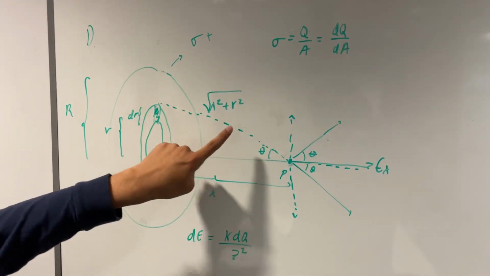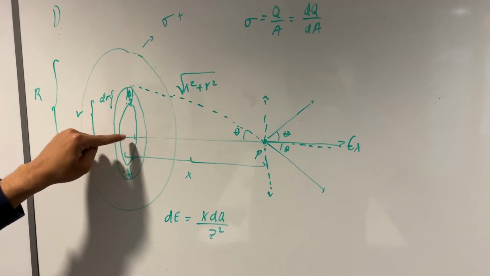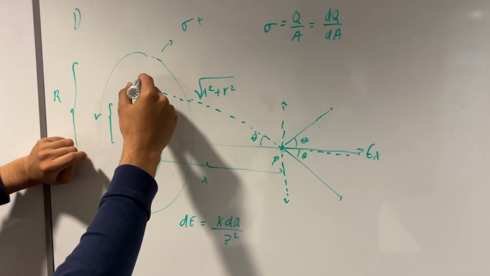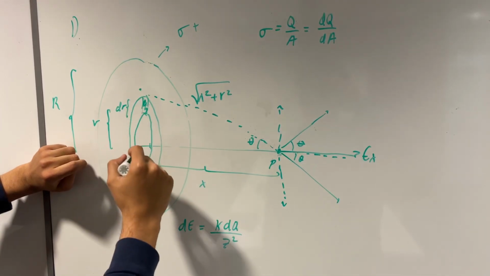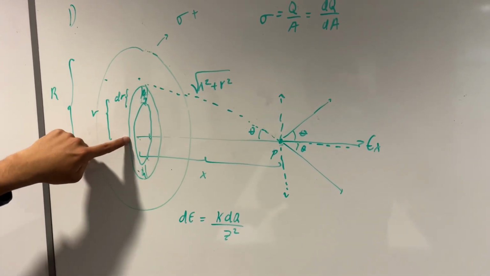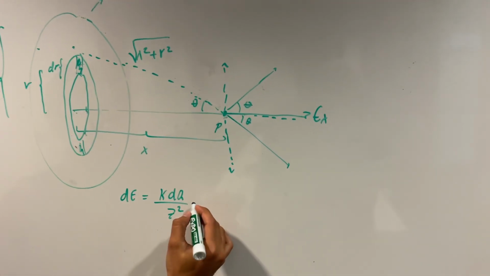The variable that is changing is r, because as we increment, we're getting more and more circles. For example, if we increment to a place here, then the little r is gonna be all the way here, and so on.